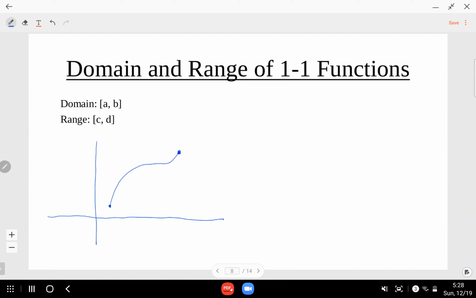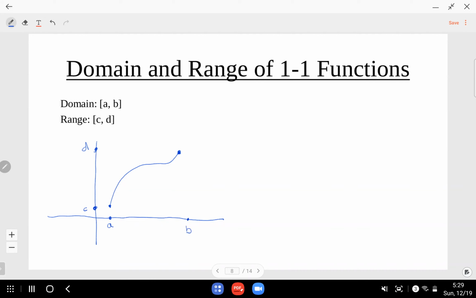This is an increasing function, right? So let's say this is C and D, because that is the range of this function. That's the range, C to D. And this is A to B. That's the domain of this function.